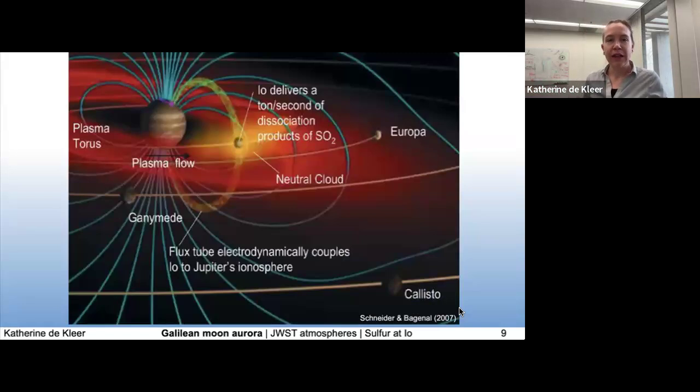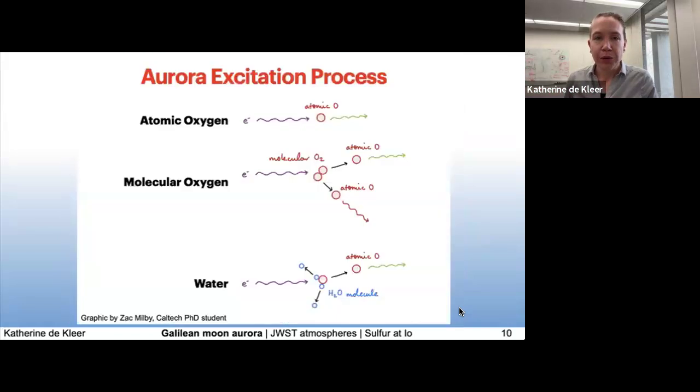I mentioned already that Io is sourcing this torus of plasma and neutral particles. The electrons that are ultimately coming from Io's volcanic gases, after they become ionized, are impacting the atmospheres of the other moons. Essentially, you have an electron that comes in and impacts either an atom or a molecule in the atmosphere.